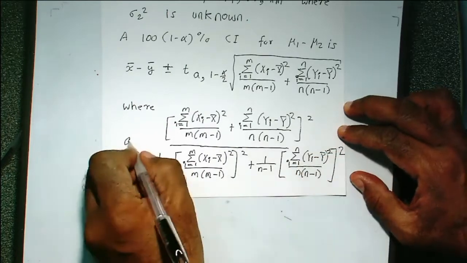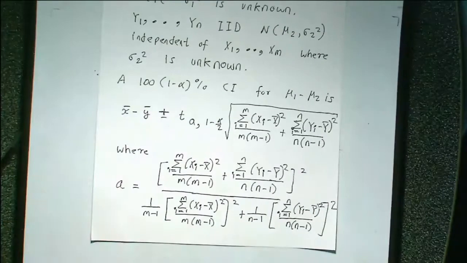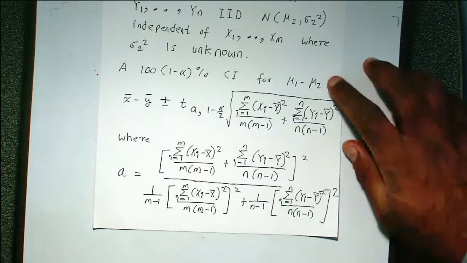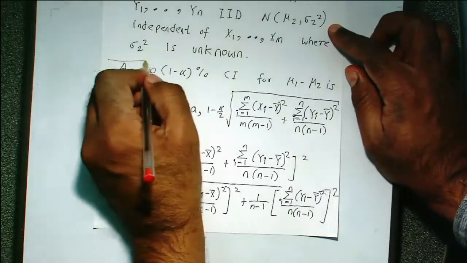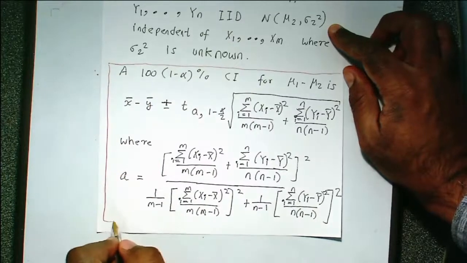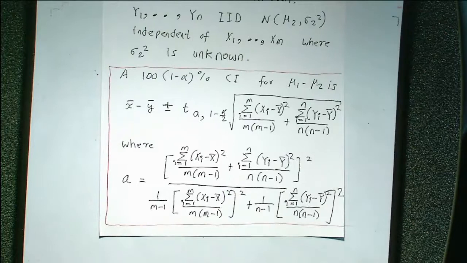Okay, so this is your A. Your A is given by this. So this is the horrendous looking expression for the confidence interval of case number 3, where the two populations have different variances and the variances are unknown, right? Okay. So I'll put this in a red box. Okay, this is the red box. Okay, so that's number 3.